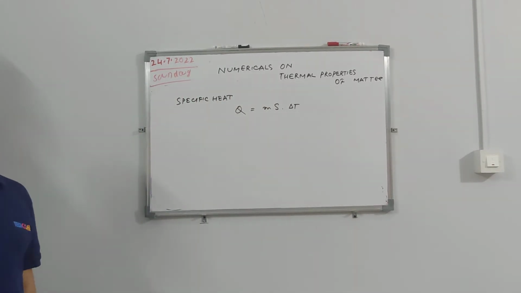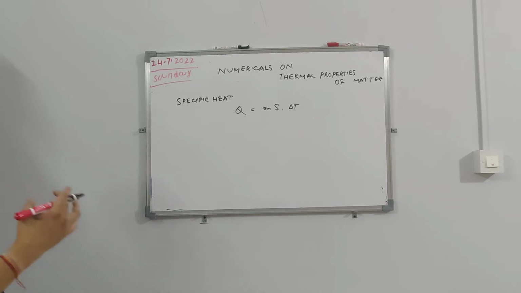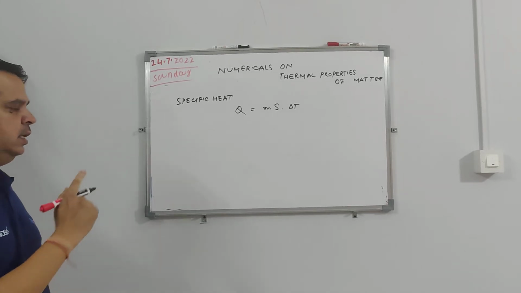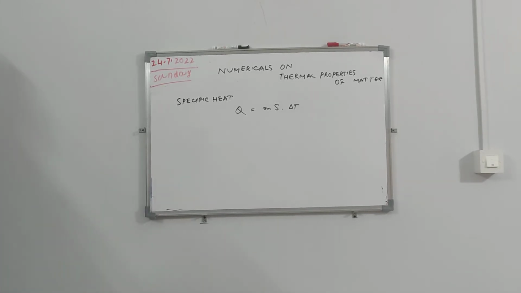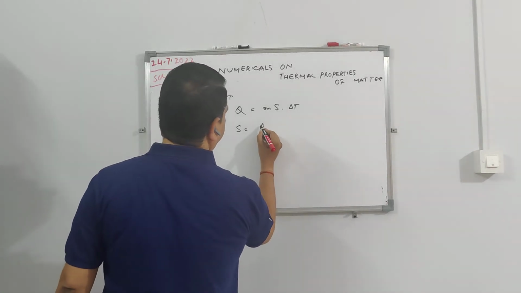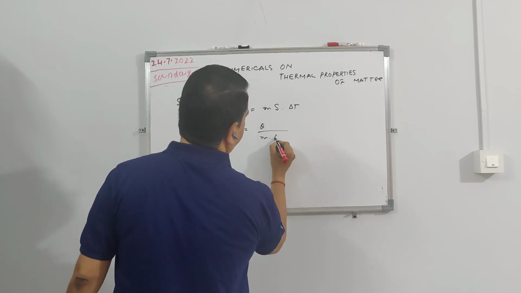So the amount of heat supplied goes to raise the temperature. Here we can write S is equal to Q by M delta T.